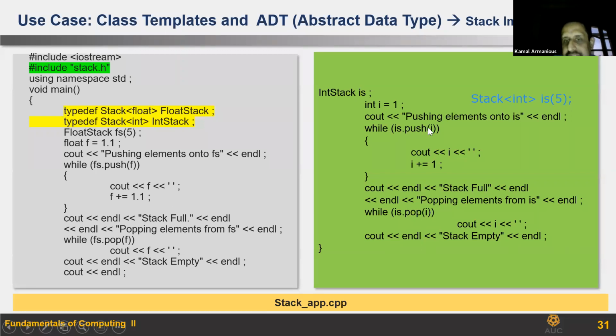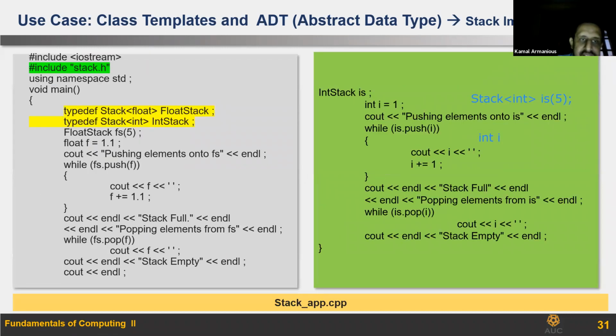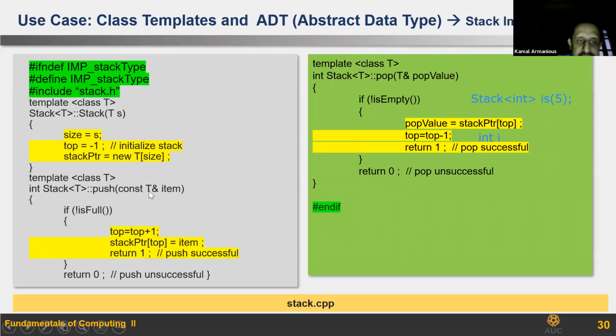Again, push I is what? Integer. So this here is int I. Okay, push int I. So we go back again to push T item. T is what, integer or float? Okay. In this case F is a float, so T is float.